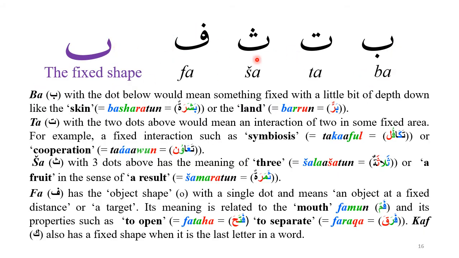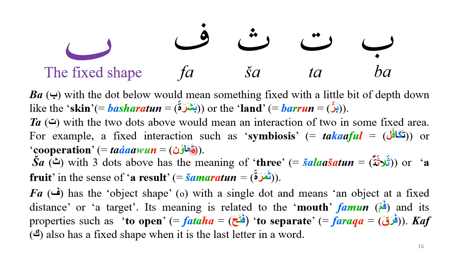Now, this fixed shape is present in four letters: ba, ta, tha, and nun. And ba would mean something which is fixed, like they say skin, basharatun, or barrun, which is land. And ta would mean a fixed interaction between two things, two people, say. So, for example, takaful means symbiosis, or ta'awun means cooperation, right?